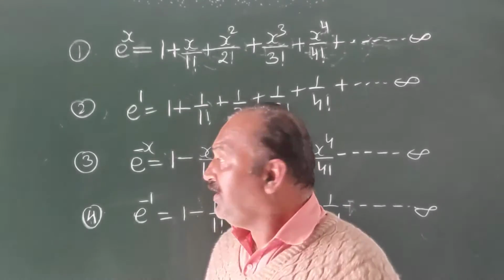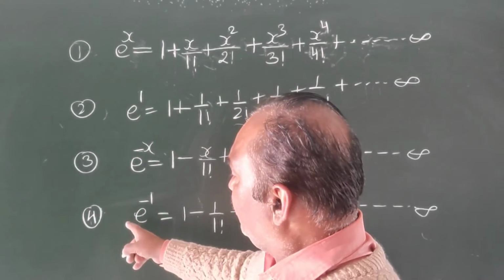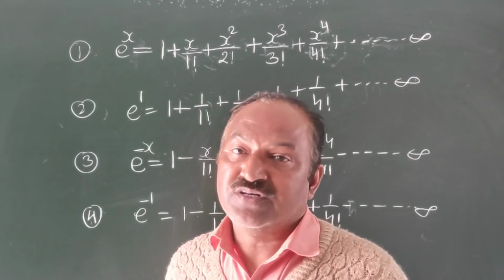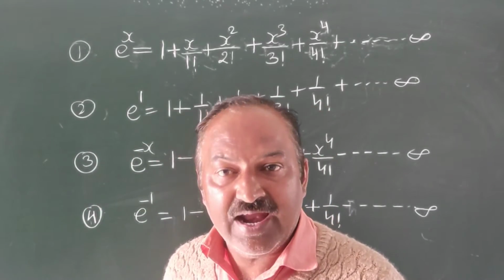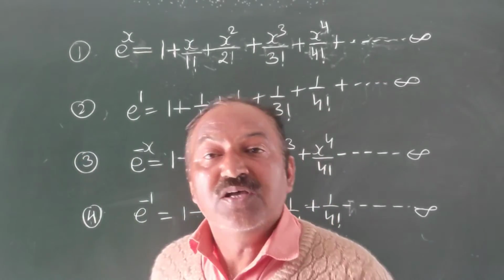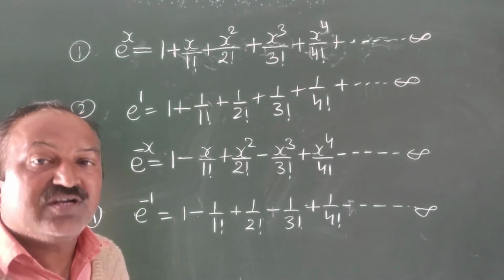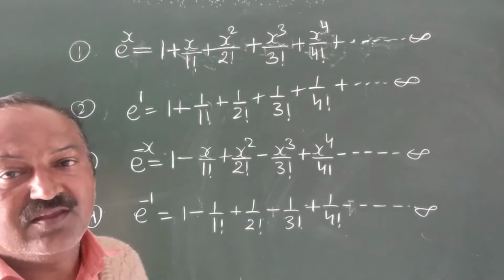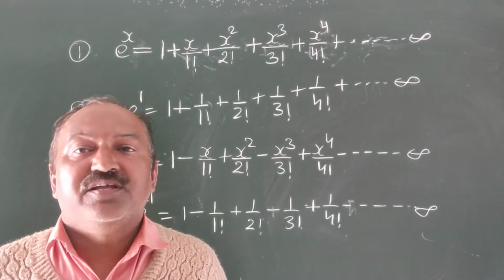In the similar manner, if we add the value of e raised to power 1 with e raised to power minus 1, we will get a very important result. सेकंड में से फोर्थ को एक बार ऐड करेंगे और एक बार इनको subtract करेंगे, we will get some important result. So now let us find these 4 important results.